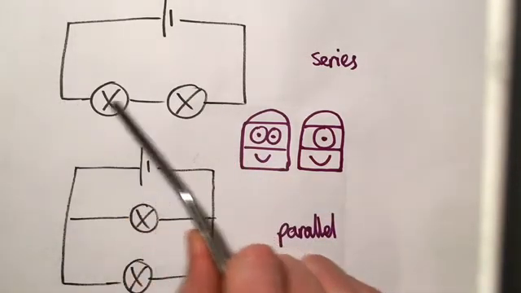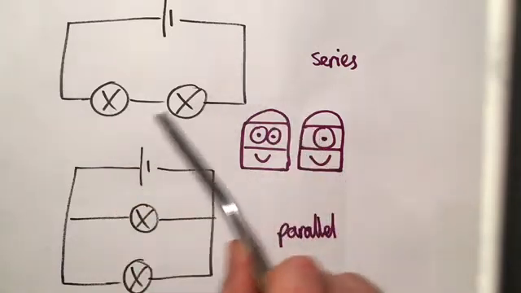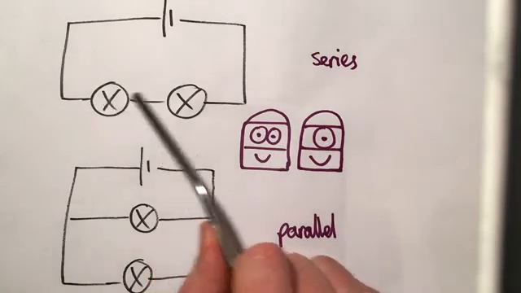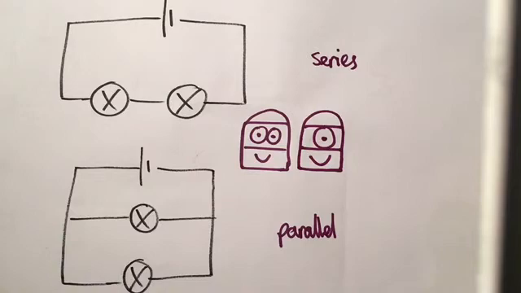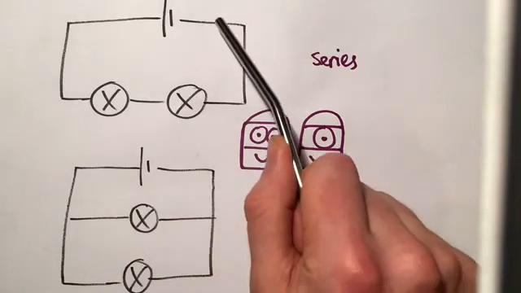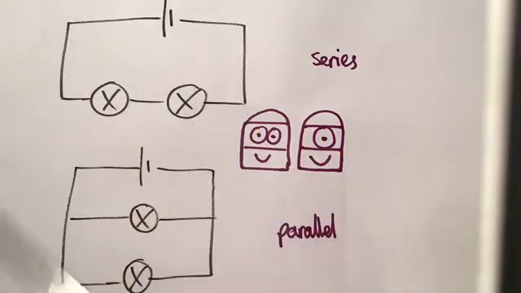They've only got one path that they can take around the circuit. So all of the electrons, all of the charge carriers, all of the minions have to go through both bulbs. So that means the rate of flow of charge at every point around this circuit is exactly the same. That means in a series circuit, the current is always the same.